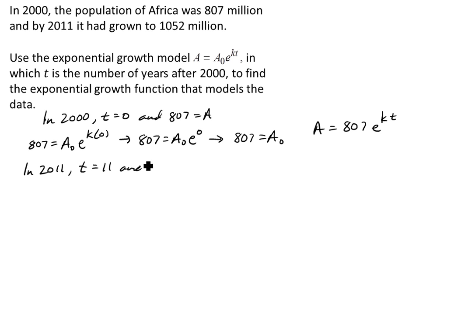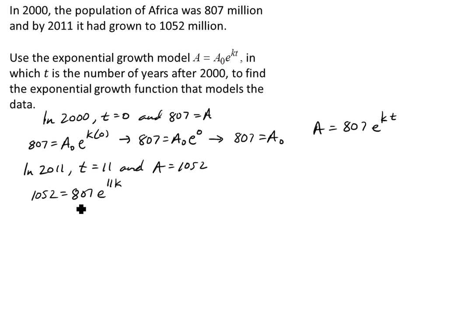And again, we see that they're giving us the value of A is 1,052. So plugging those numbers into our current exponential growth function shows us that we have 1,052, that's our A, equals 807 times e to the k times 11, or 11k.